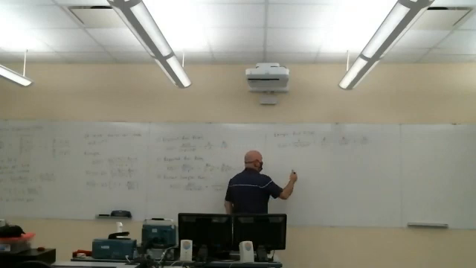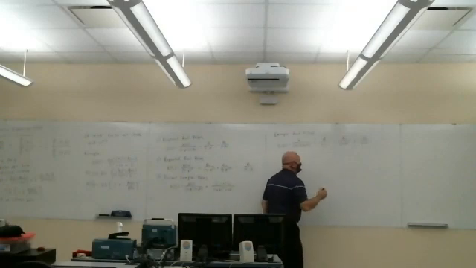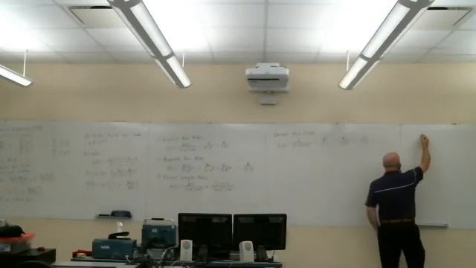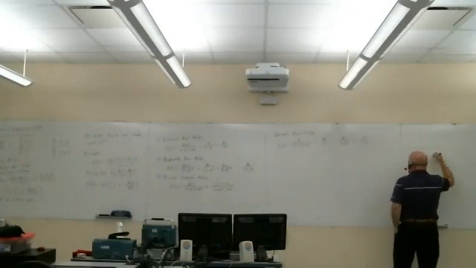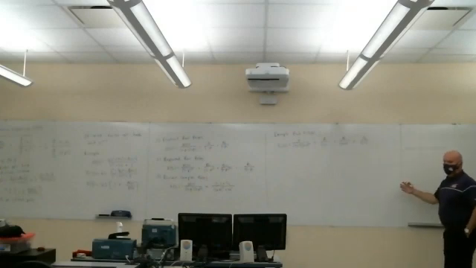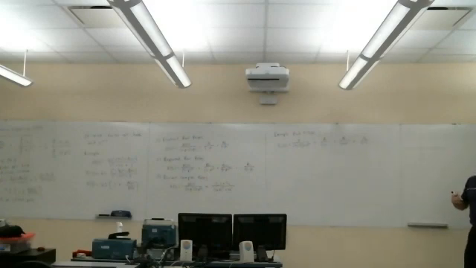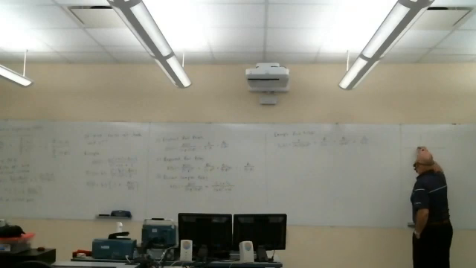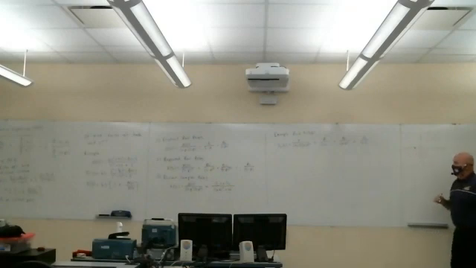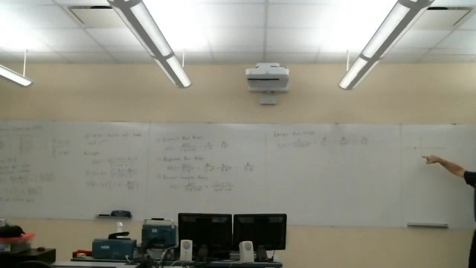Now, the pole-zero plot: there are no zeros. I've got a constant in the numerator, so there are no zeros. But I would have a single pole at minus 1. It's S equal minus 1. You can get the pole directly from the factored form.